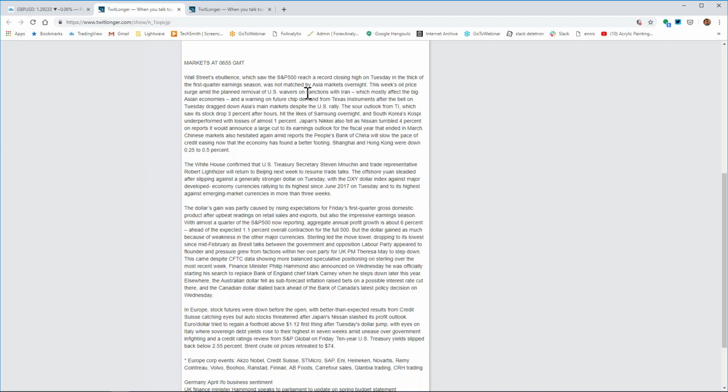The sour outlook from TI, which saw its stock drop 3% after hours, hit the likes of Samsung overnight, and South Korea's Kospi underperformed with losses of almost 1%. Japan's Nikkei also fell as Nissan toppled 4% on reports it would announce a large cut to its earnings.